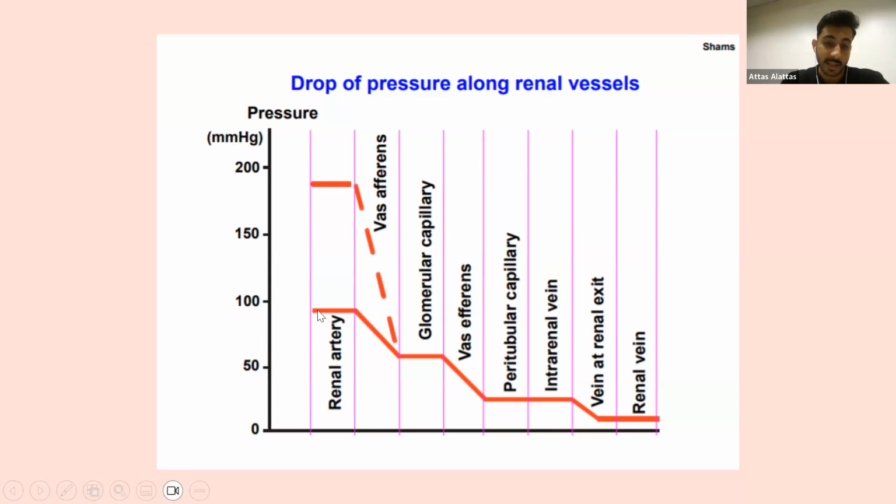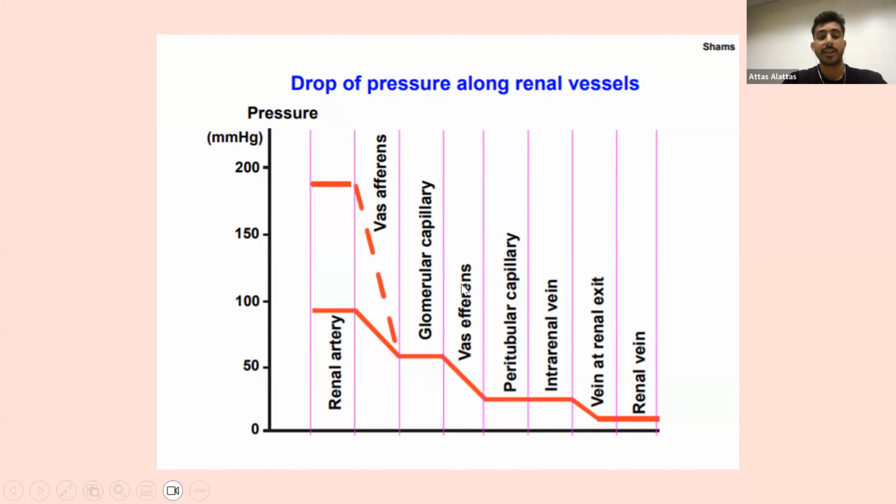You can see that in the renal artery, let's say the mean arterial pressure is 100, then you have a big drop in the pressure in the afferent arteriole. Then in the glomerular capillary, the pressure is again constant. Efferent arteriole, there's another big drop, and then it becomes constant. There's a small drop here, and it becomes constant.